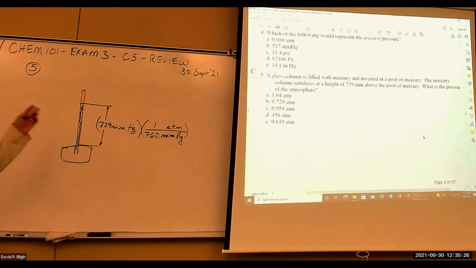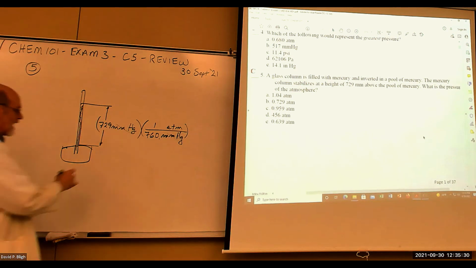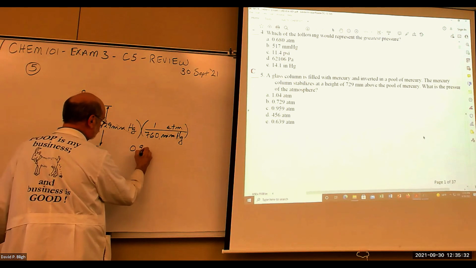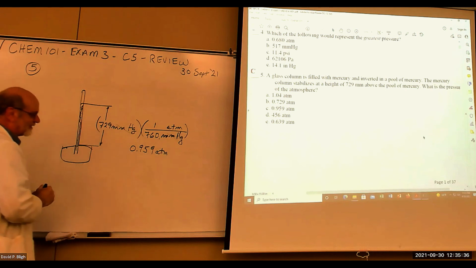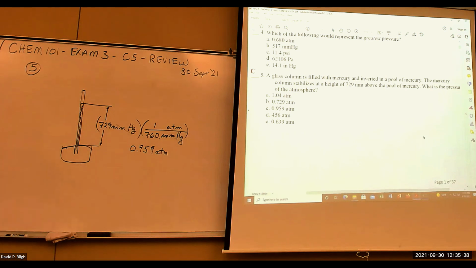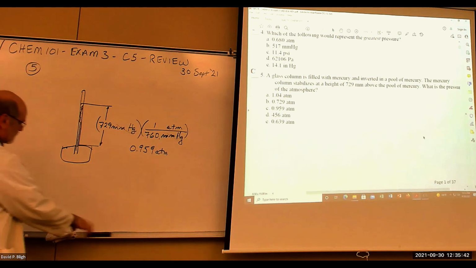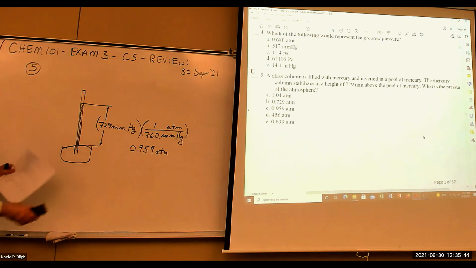And just 760 into 729 will give you 0.959. That was too easy. I probably should have skipped that one anyway. But let's consider it a warm-up.